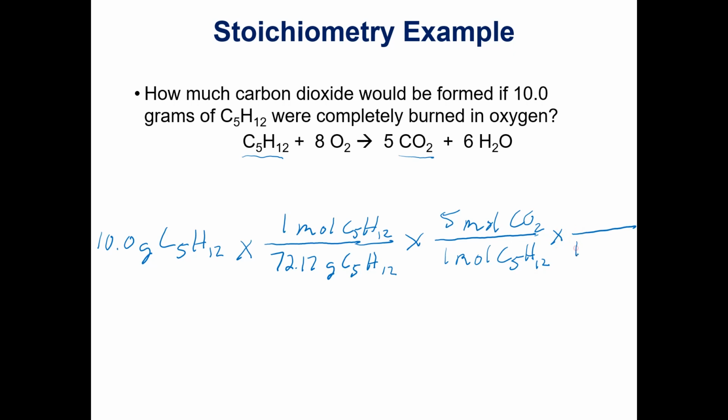And then we want to go from moles of CO2 to grams. So we can calculate the molar mass of carbon dioxide, and that comes out to 44.01 grams of CO2.